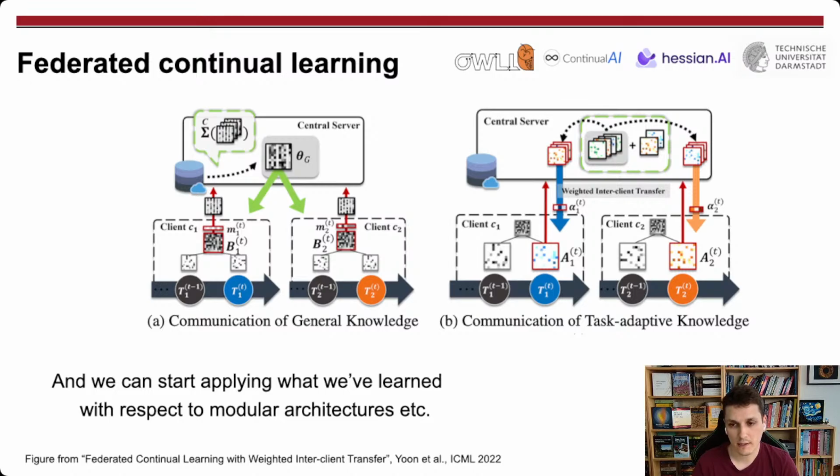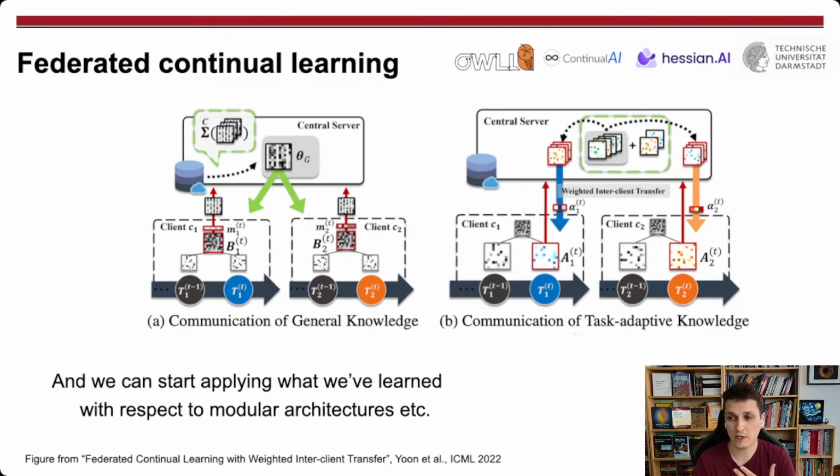So the particular idea here is that we can really start applying what we've learned in the course on modular architectures, where we could decompose, for instance, the parameters into a generic set of parameters that each client benefits from, and a subset of parameters that are really task specific, with a particular task specificity or importance value, that are maybe only important for a particular client, and only a particular client should not forget, if this is a scenario that one hospital encounters a lot and others do not right now.